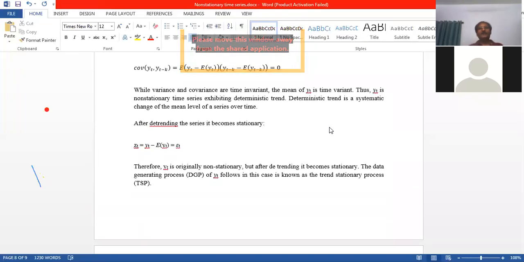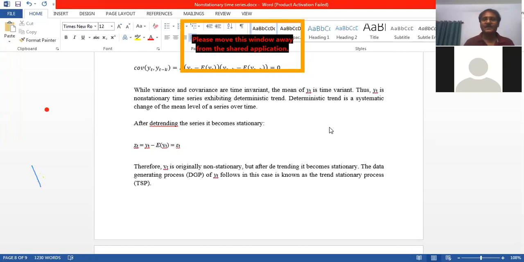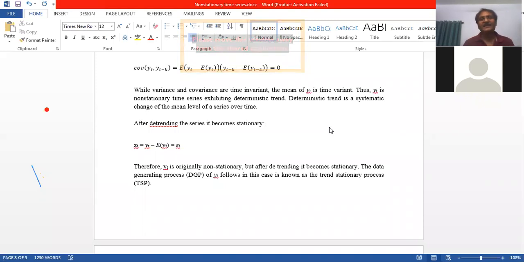When we incorporate the concept of characteristic roots, phi 1 equal to 1 in an AR1 series means the presence of unit root. Because in the case of AR1, the value of phi 1 is equal to the value of the characteristic root. And when this value is equal to 1, we say it is a unit root. Therefore, phi 1 equal to 1 means the presence of a single unit root, and the presence of a single unit root in AR1 means the series follows the random walk model.